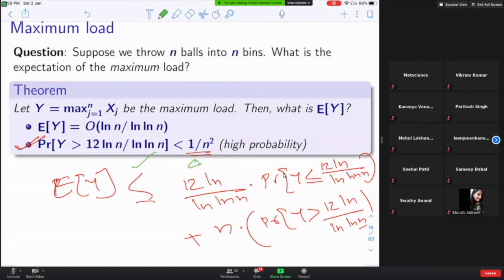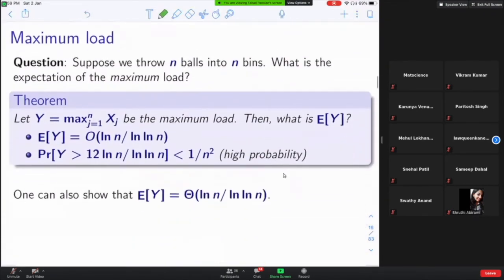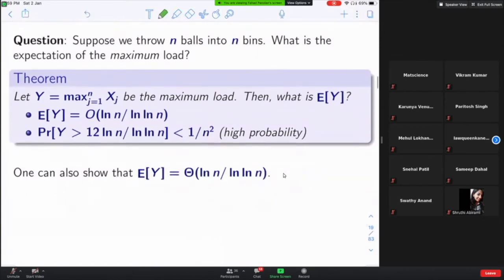Okay, so I just need to prove this, right? The probability that y is greater than 12 log n divided by log n. I explained how to get this. Think about order only, not the lower bound. I just prove only the upper bound here.